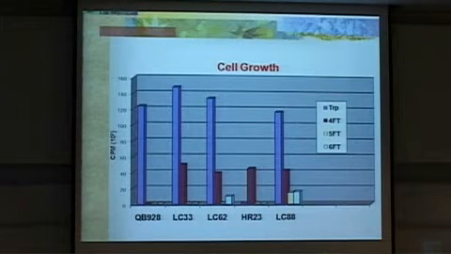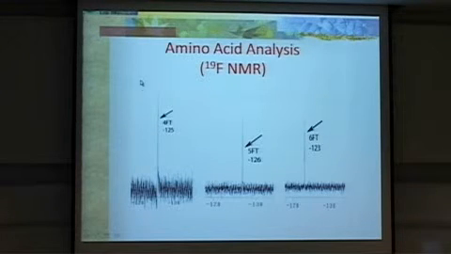So this way, you can move genomes around, mutate the sequences, and control what kind of side chains you can incorporate into the proteins. So now, here is the NMR showing the incorporation of the different fluoroanalogs.